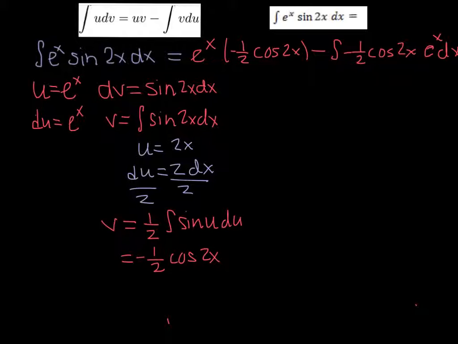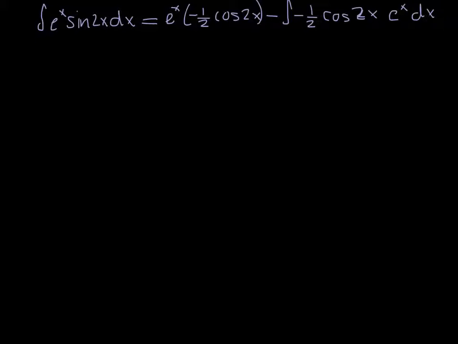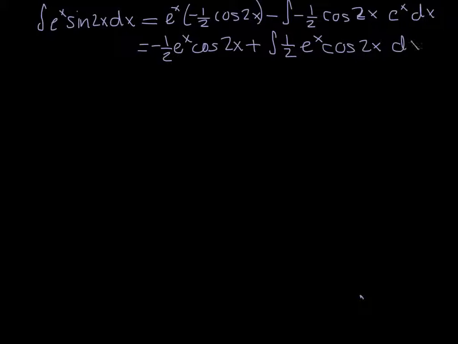I need to erase part of this in order to continue with the integral. I am going to rearrange some of these numbers, so it's going to be negative 1/2 e to the x cosine of 2x plus the integral of 1/2 e to the x cosine of 2x times differential of x.